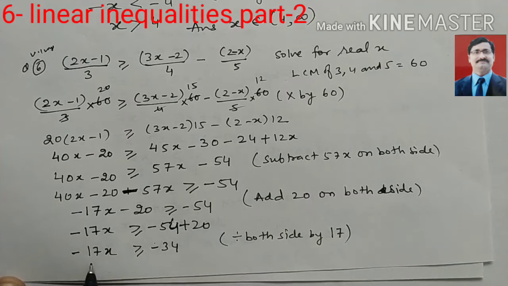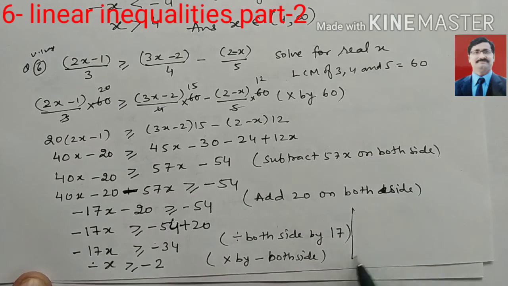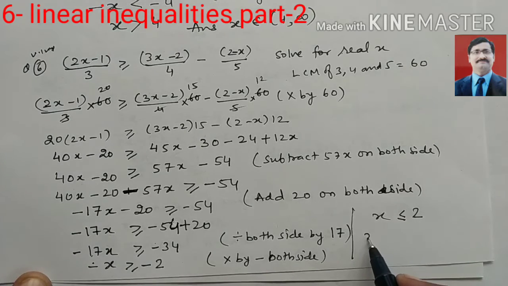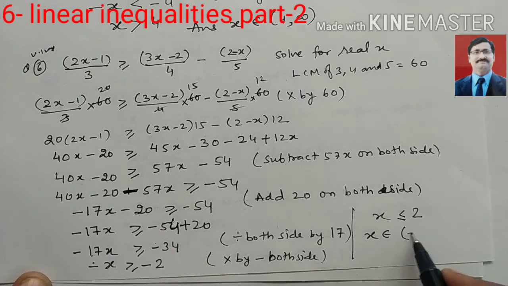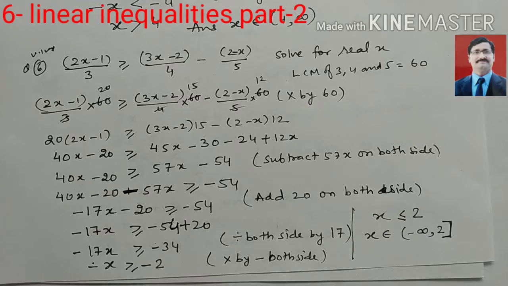So we get minus x is greater than or equal to minus 34 upon 17. Now multiply by minus on both sides. When we multiply by minus, the sign changes, and we get x less than or equal to 2. To write the answer, minus infinity to 2, and 2 we have to include, so we write a closed interval.